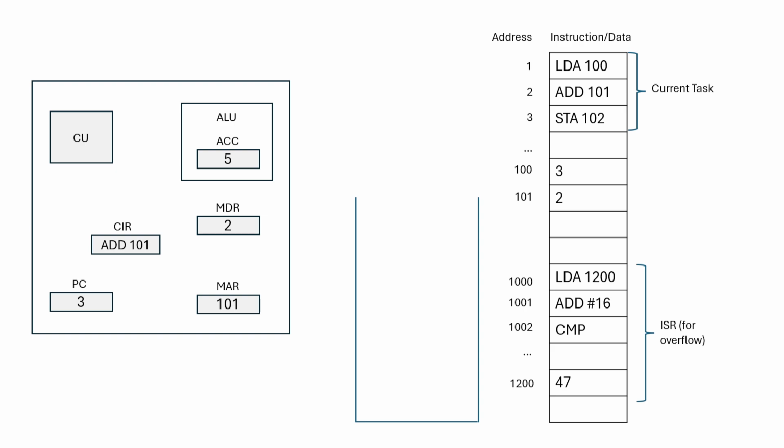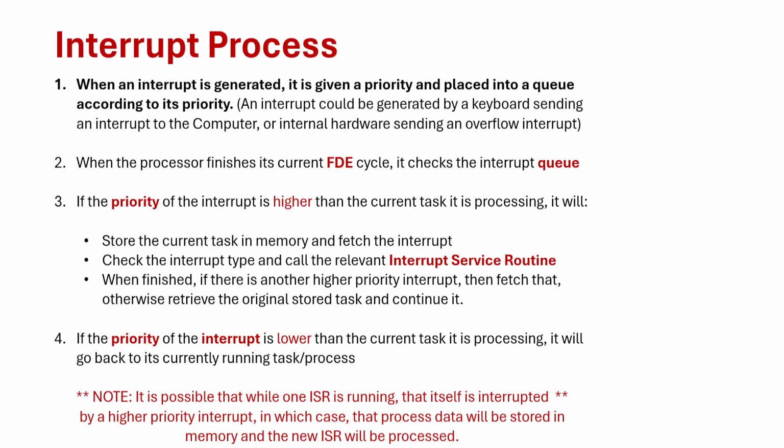And so that is how interrupts work in reality. So we need to summarize and go back to what you might call the read, remember, regurgitate of how what we've just said works in practice. When an interrupt is generated, it's given a priority and placed into a queue according to its priority. When the processor finishes its current fetch, decode, execute cycle, it checks the interrupt queue, and if the priority of the interrupt is higher than its current task, it will store the current task in memory.